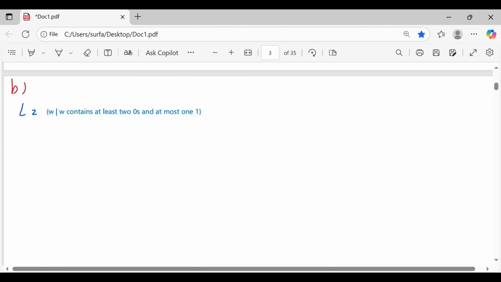Part B says that the language is W contains at least two zeros and at most one one. We know that the class of regular languages is closed under intersection, and as you can see, we have an intersection. We can assume that our language is W contains at least two zeros, and another language is W contains at most one one.